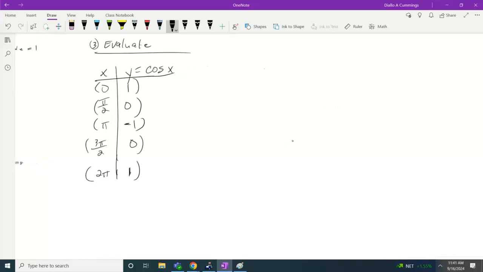So now we're going to graph. On the x-axis we have 0, pi over 2, pi, 3 pi over 2, and 2 pi. If we look at our y coordinates, we have 1, 0, and -1.